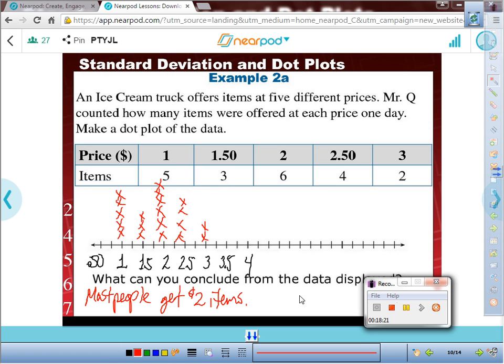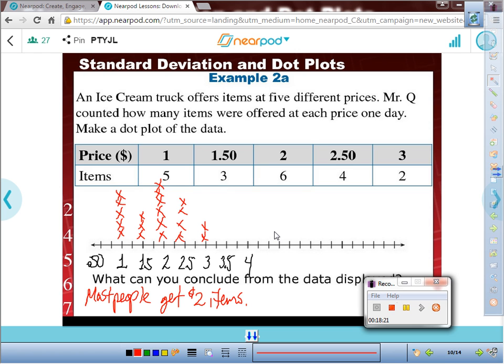Does that make sense? Now, if you were the owner of this ice cream truck, what would you do with that data? Think about it. Talk it over with your neighbor. What would you do with this data? Okay.